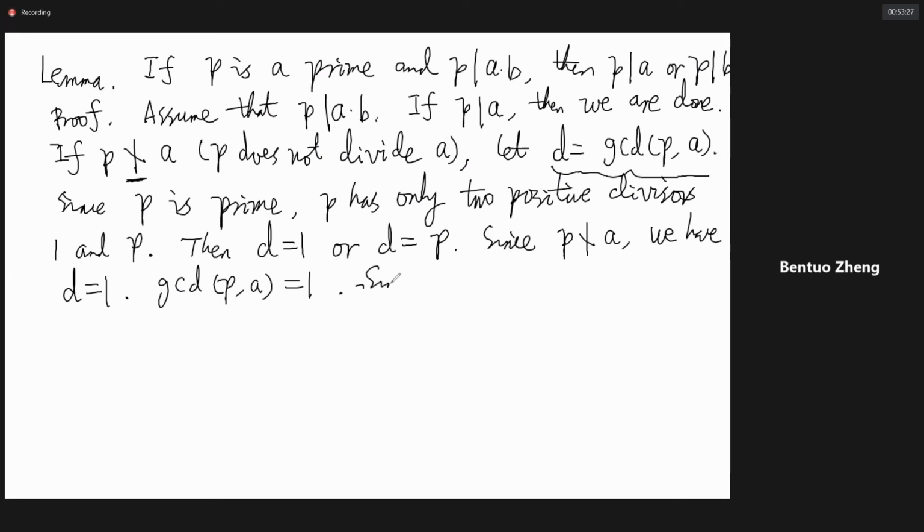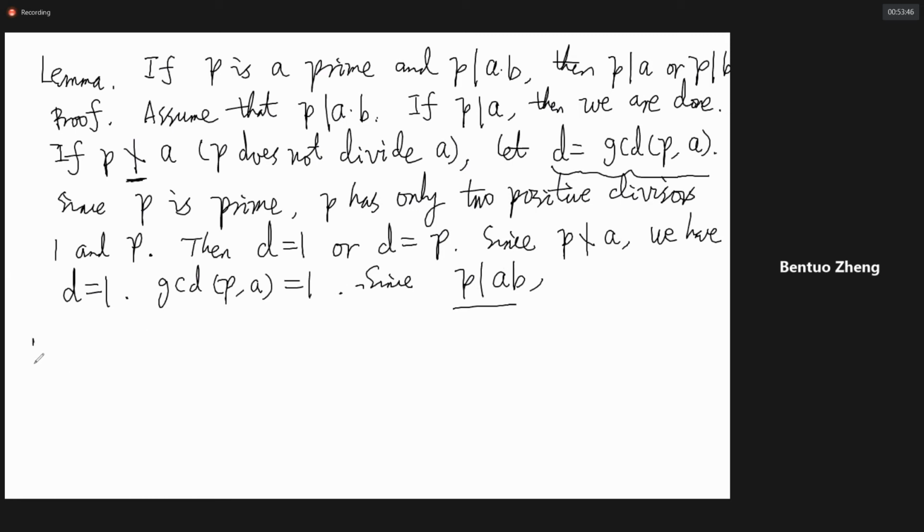And since P divides A times B, remember previously we proved a lemma: if some number divides a product and this number is co-prime with one of the numbers, then this number has to divide the other number.